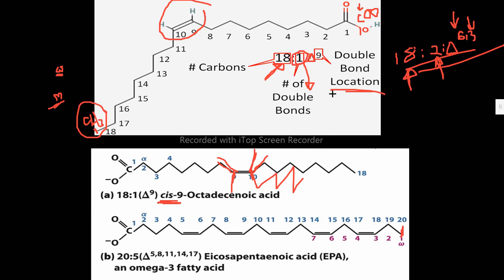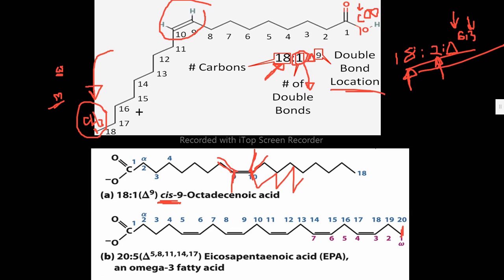If you don't want to give the IUPAC name, you can just give the position of the double bond with respect to this omega carbon.